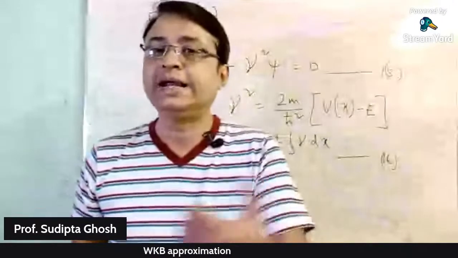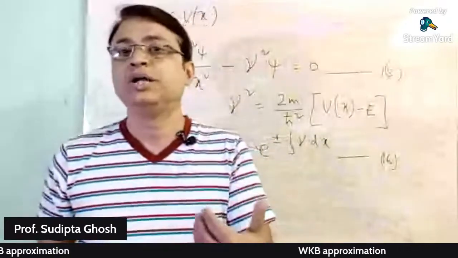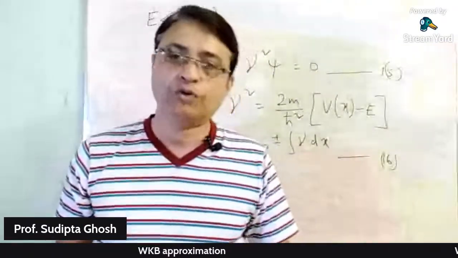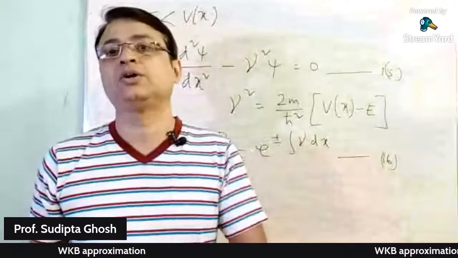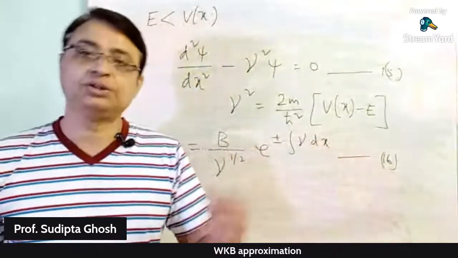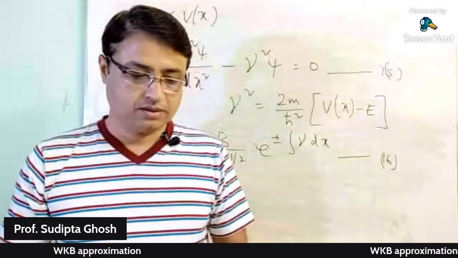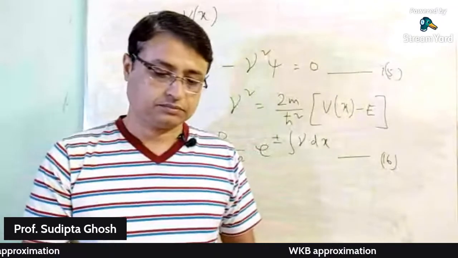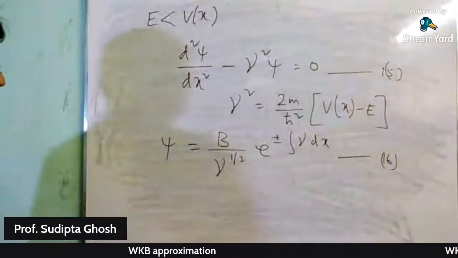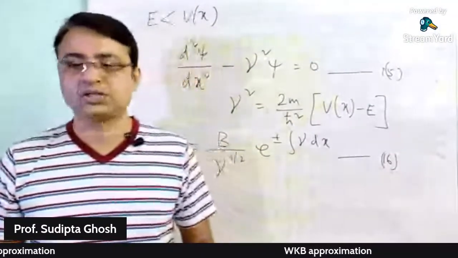It cannot move further, so it has to move in the backward direction, the opposite direction. Exactly. So this is our classical turning point. Now this is all about the WKB approximation.